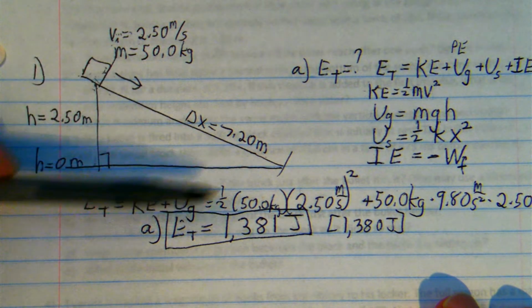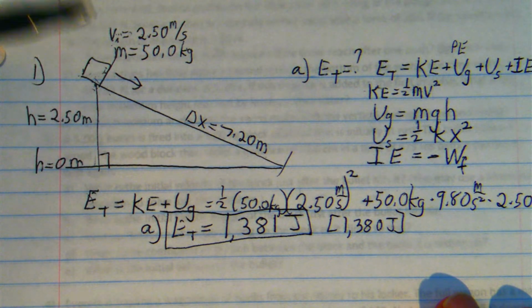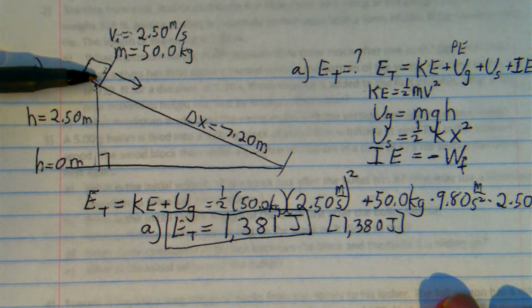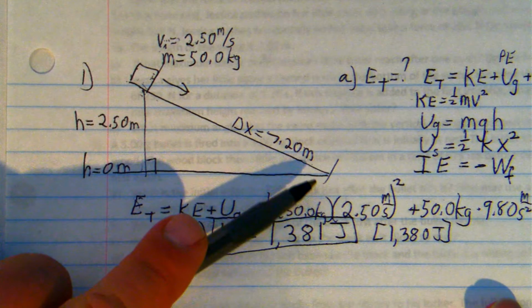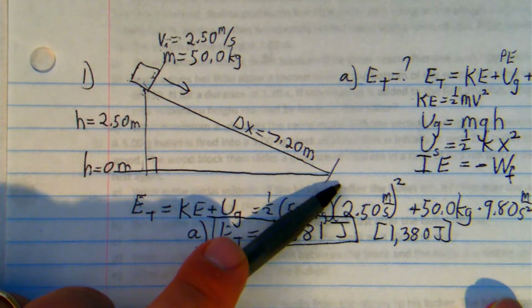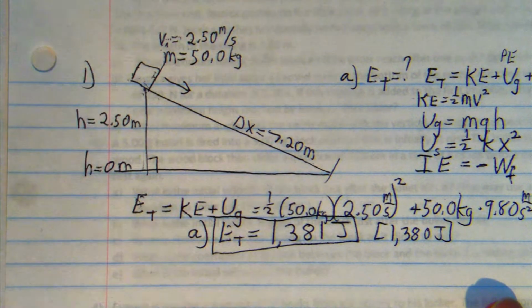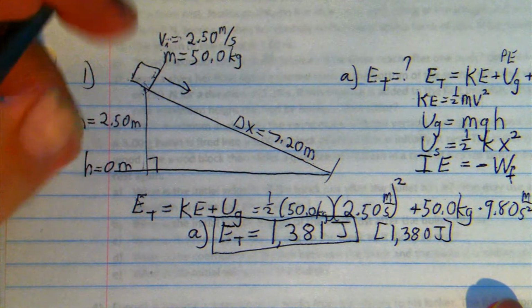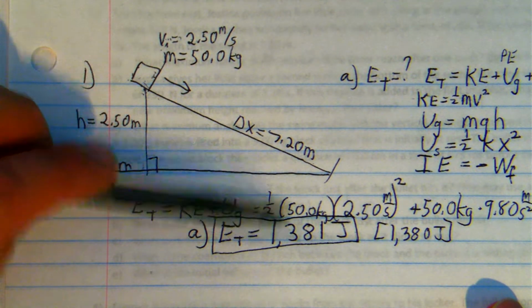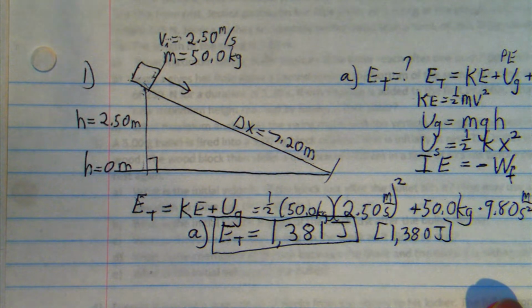When we work on a physics problem like this, the total energy at the beginning must be equal to the total energy at all moments, including at the end. Well, I just calculated that the total energy is 1,380 joules.